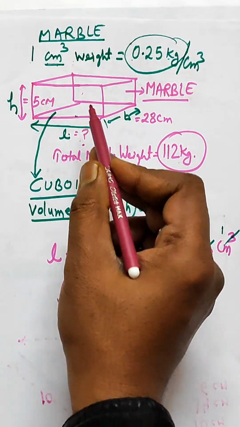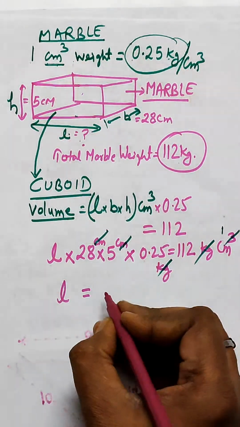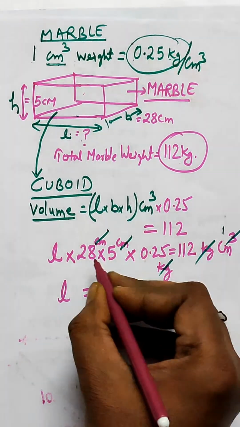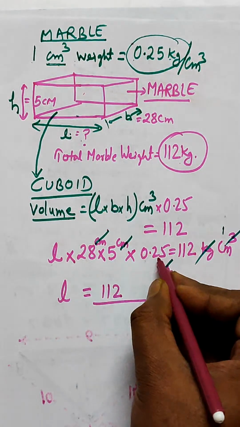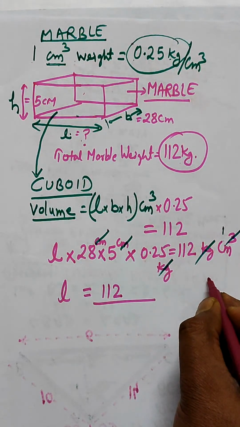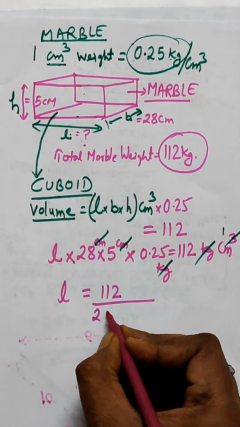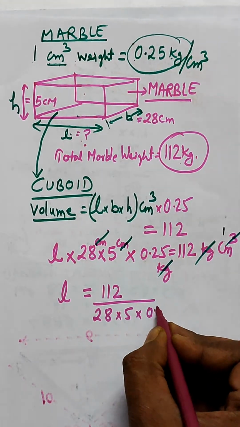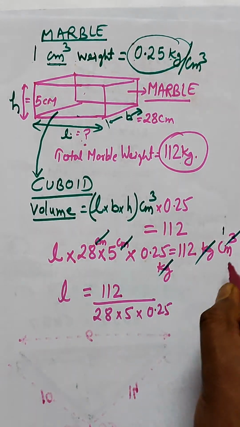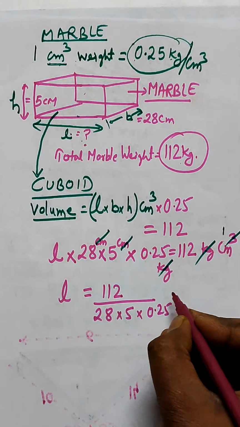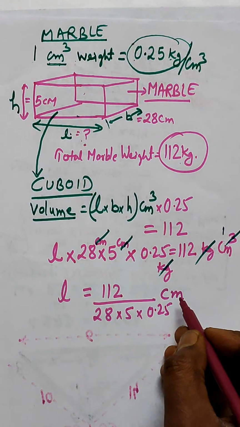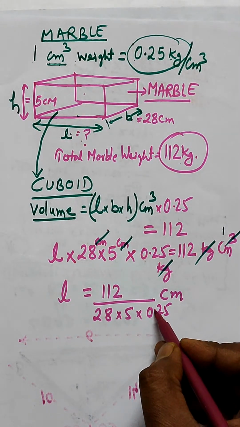The length of this marble is 112 divided by this entire 28 into 5 into 0.25, that will go into the denominator of the RHS, that is 28 into 5 into 0.25, and the unit will be centimeter. So length is this much centimeter, right? Now replace this decimal.